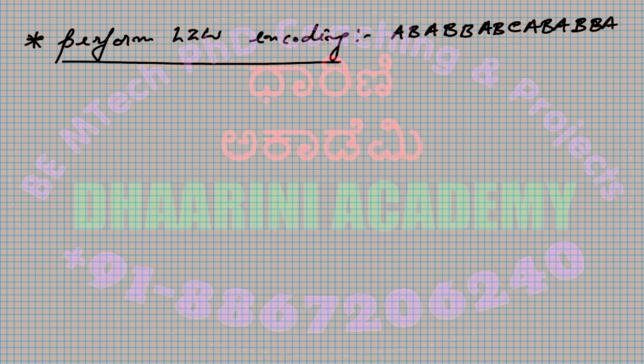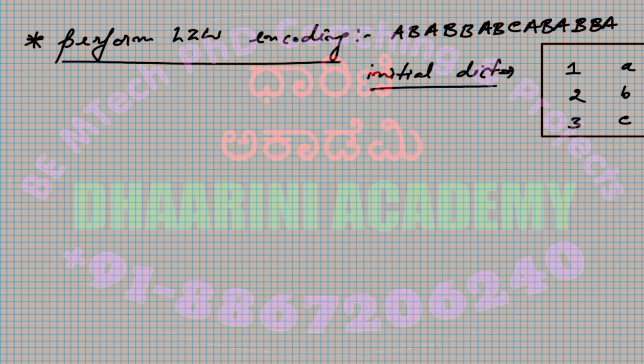The initial dictionary will always be given. Something like, you use 1 for A, 2 for B, and in the third position you store C. Even if they don't give it, it doesn't matter, we can definitely write this.